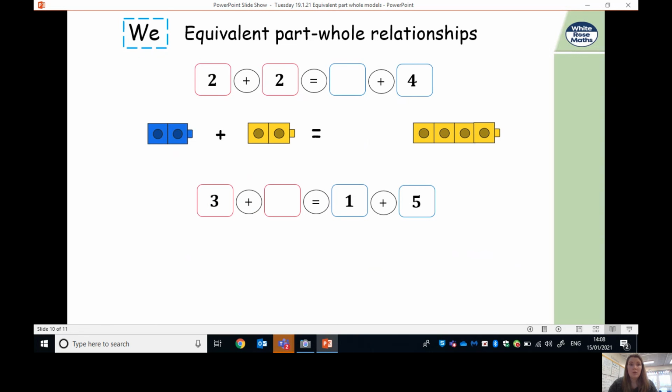All right, your turn. You're going to have a go at this first sum, using this number sentence. So the first thing you need to do is what? Write down your number sentence. After you've written down your number sentence, what are you going to do? You're going to find the cubes for which side?